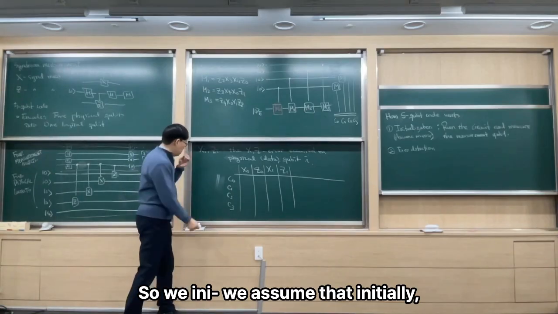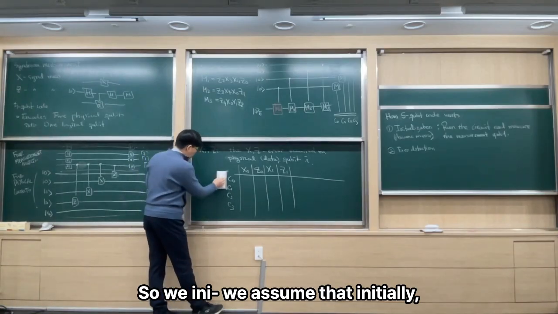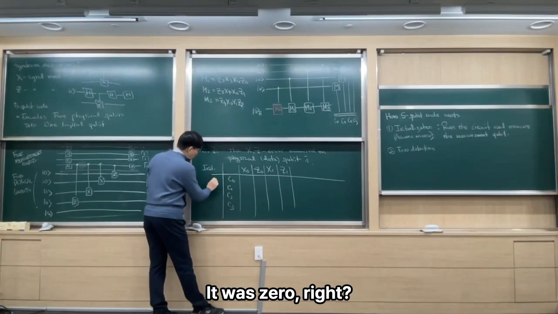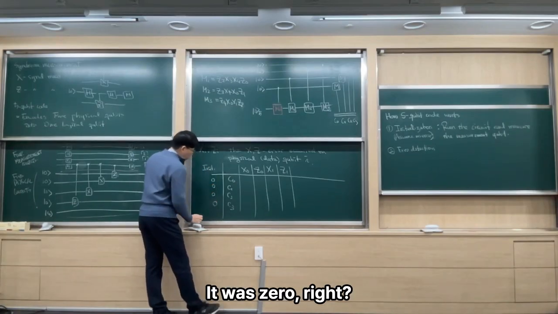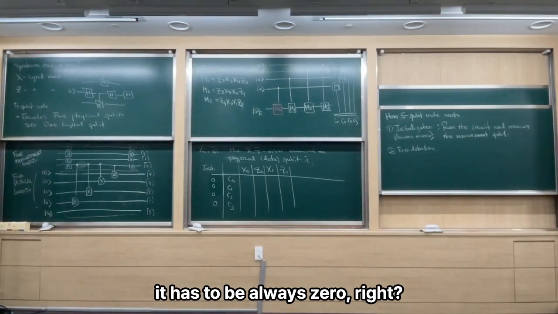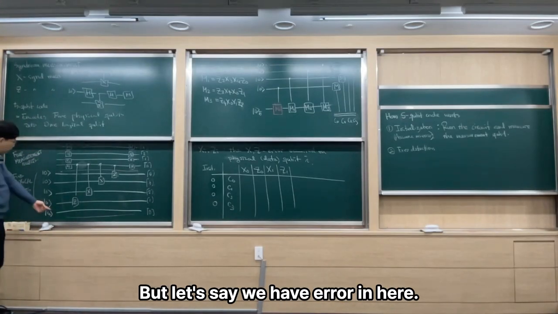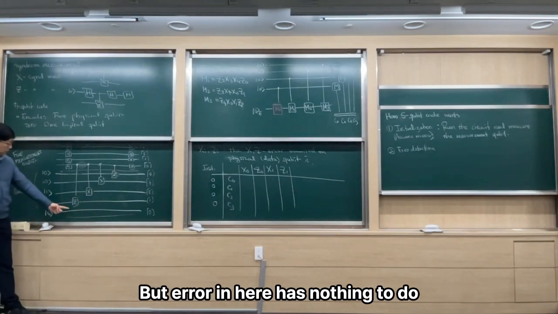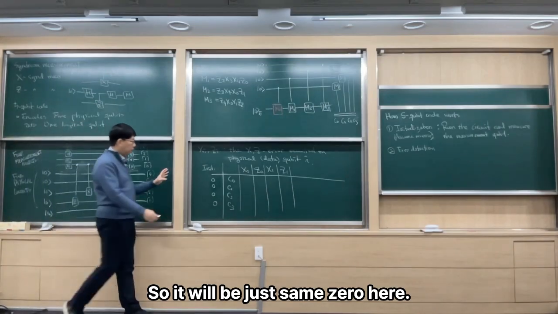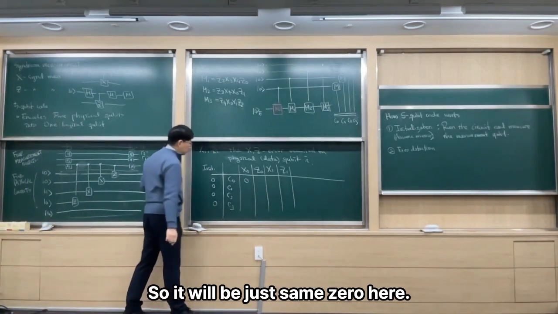We assume that initially all the values are 0. If there was no error, it has to always be 0, right? Let's say we have the error here, but it has nothing to do with this measurement gate because it's applying to qubit 1 to qubit 4. So it will just be the same 0 here.